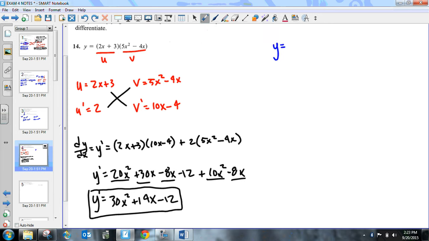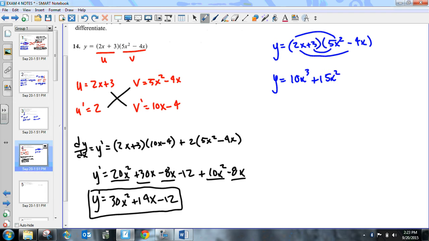So I've got y equals 2x plus 3, and then I've got 5x squared minus 4x. Let's go ahead and multiply this out. So I've got y equals 10x cubed. All right. 3 times 5x squared, so give me plus 15x squared.